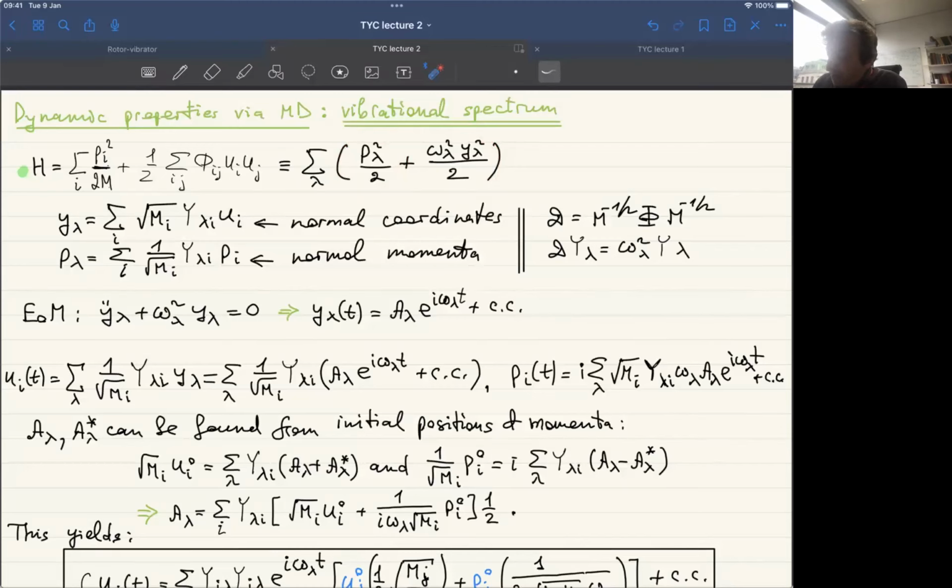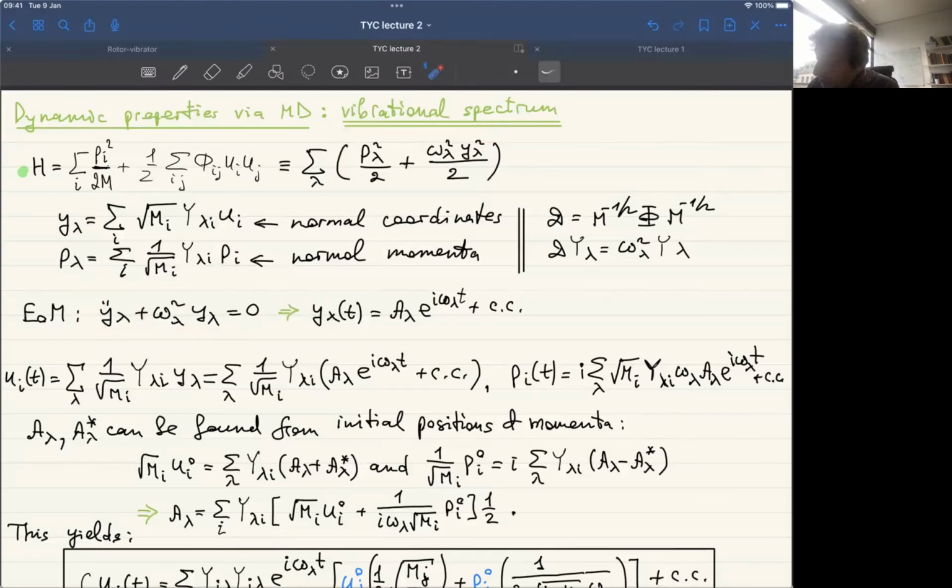We can also write down a relationship between normal mode positions and momenta and atomic positions and momenta using these linear transformations. We also know, we did it last time, that these normal modes satisfy a single harmonic oscillator equation, which again is not a surprise because each normal mode y lambda is governed by this simple harmonic oscillator Hamiltonian. So you would expect an equation of motion like this.